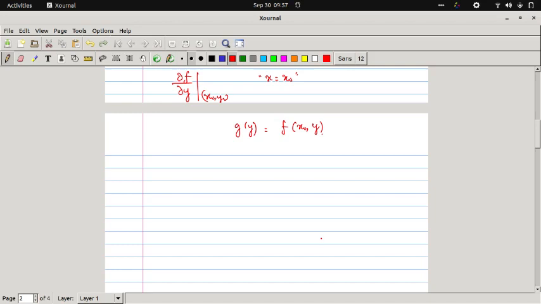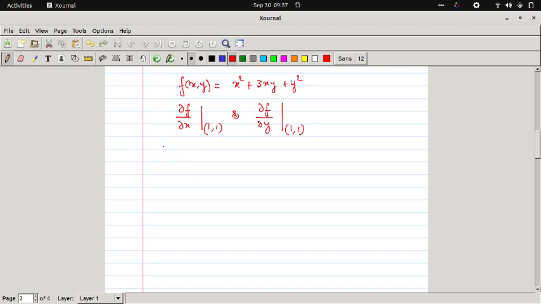Now we see two examples. I define the function f of x comma y equal to x square plus 3xy plus y square. I want to find dou f by dou x at 1 comma 1 and dou f by dou y at 1 comma 1. How can I proceed? First, to find dou f by dou x at 1 comma 1, I fix y equal to 1.